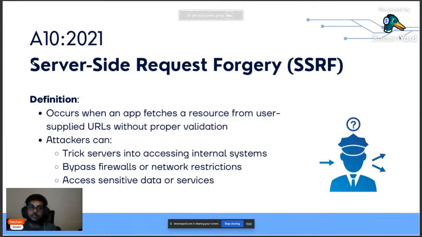Our last vulnerability, or last topic, is server-side request forgery. This occurs when an app fetches a resource from a user-supplied URL without proper validation. By using this vulnerability, attackers can trick servers into accessing internal systems, bypass firewalls or network restrictions, and access sensitive data or services.